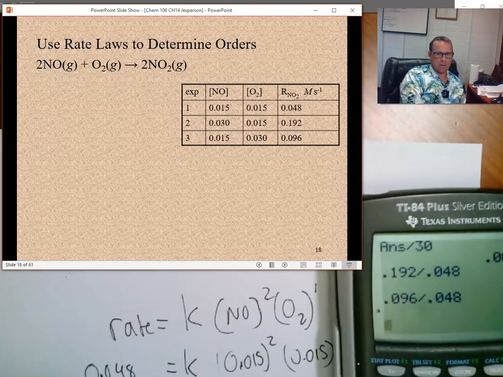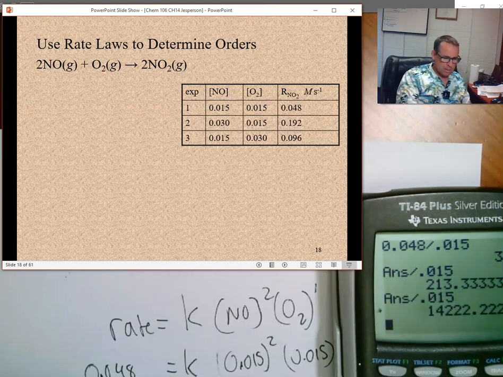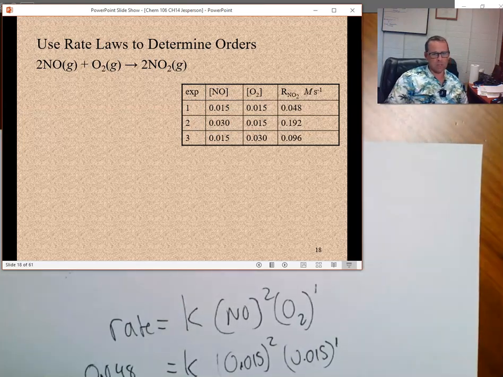I can use my calculator here and take 0.048 and divide it by 0.015 and do that 2 more times, and that's 14,200. That should be our K value. 1.4 times 10 to the 4th.